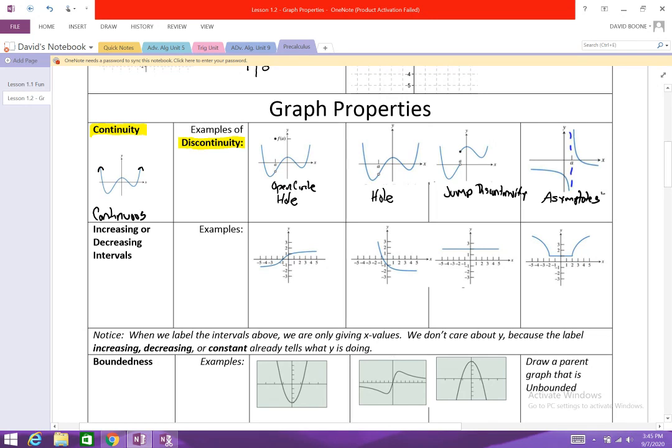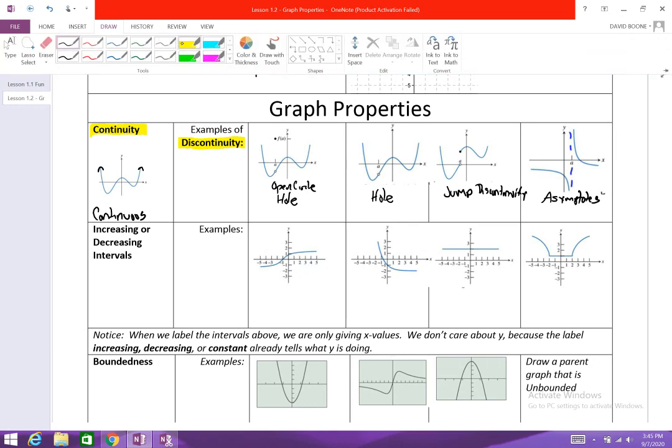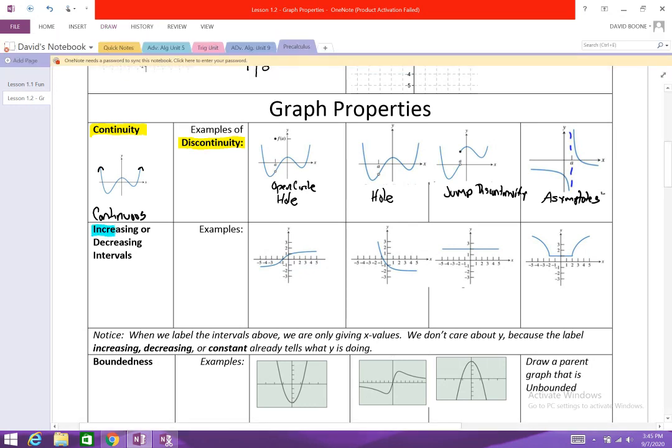Okay, some other things that we want to talk about are increasing and decreasing. Functions can be either increasing or decreasing as you read them from left to right. So if I'm looking at this first one, reading from left to right, it seems to be going up.